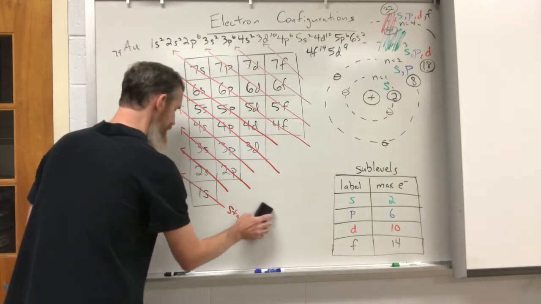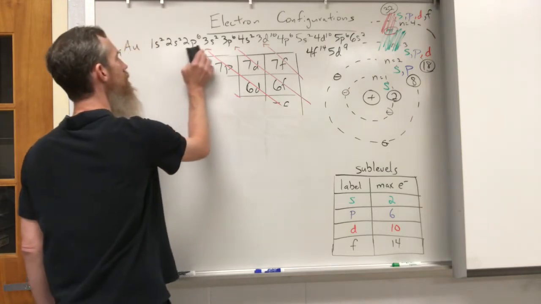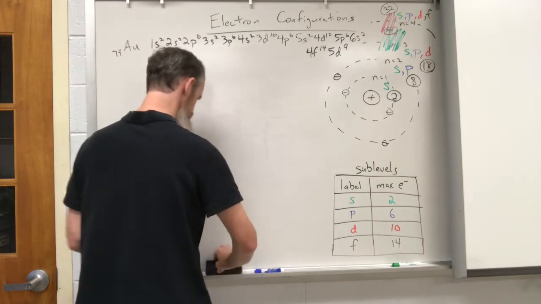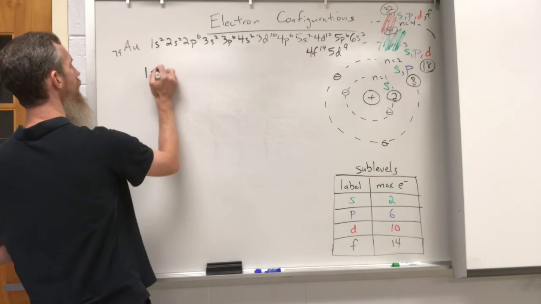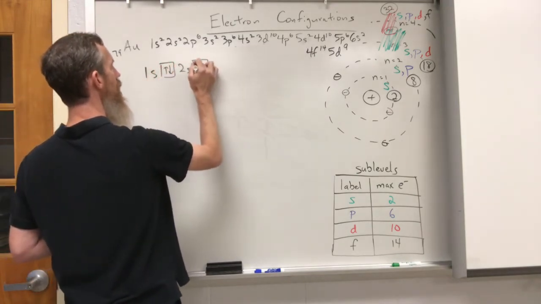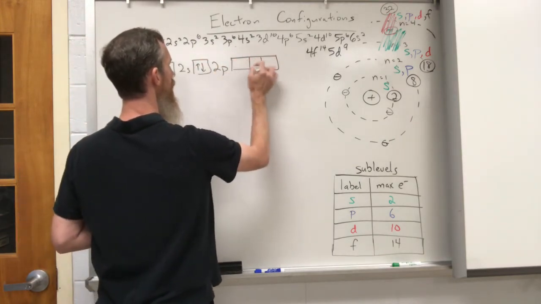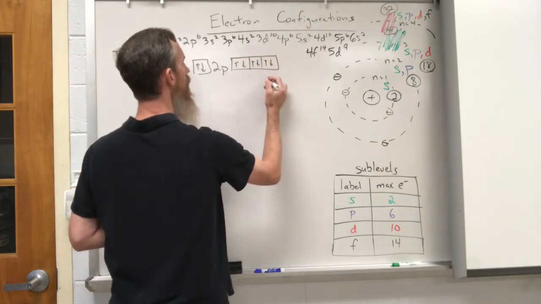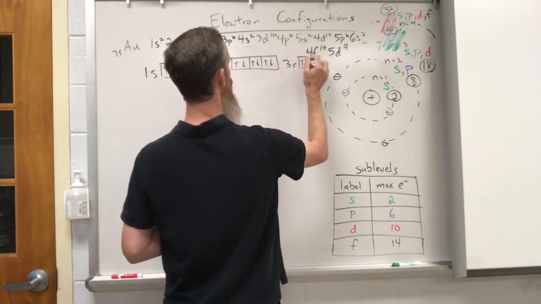Now that I know all this, of course, the orbital diagram is ridiculous. 1s, 1, 2, 2s, 1, 2, 2p, 1, 2, 3, there we go. 3s, 1, 2.